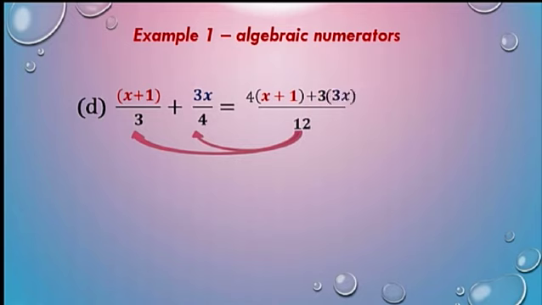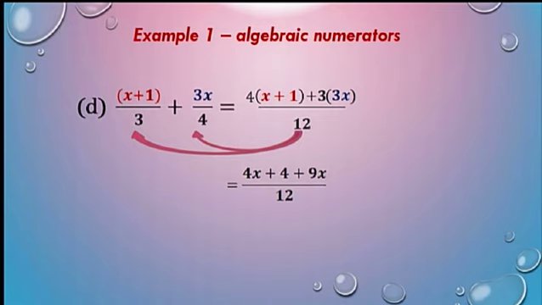Now we're going to simplify the numerator. Make sure that you perform the expansion of the bracket correctly. We need to multiply x by 4, then 1 by 4. We have 4x plus 4 plus 9x over 12.